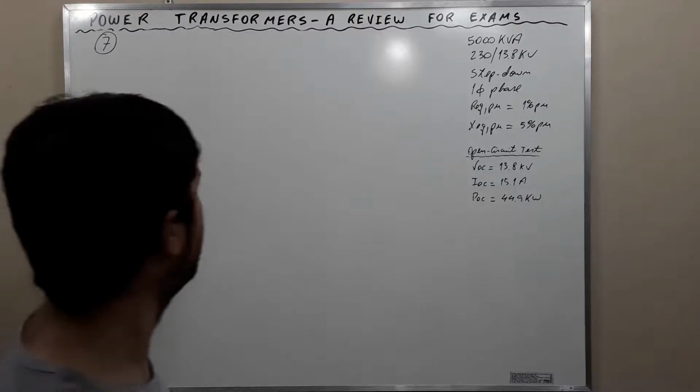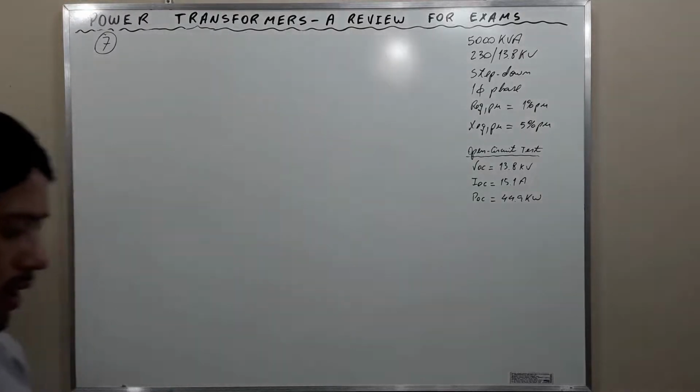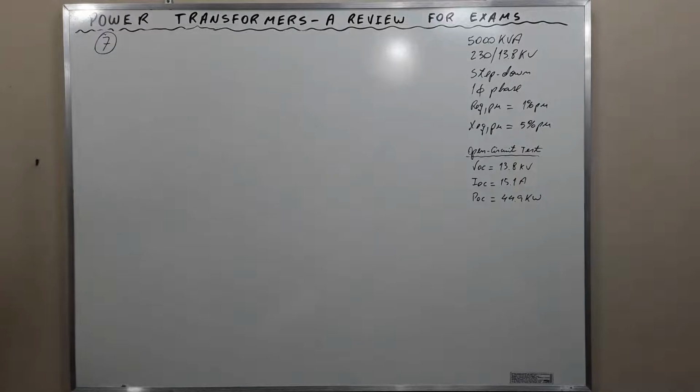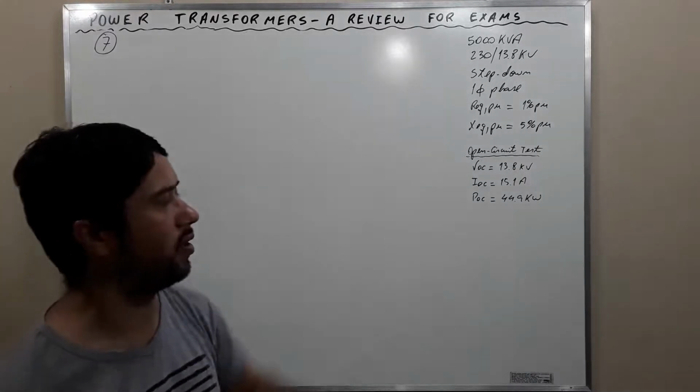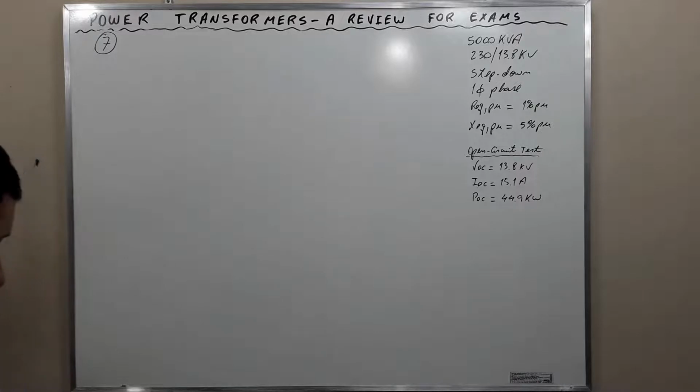My friends, this is the exercise. Let's go to the solution. Letter A wants us to find the equivalent circuit referred to the low voltage side, and to do this, we need to use this data furnished by the exercise. Let's go, letter A.